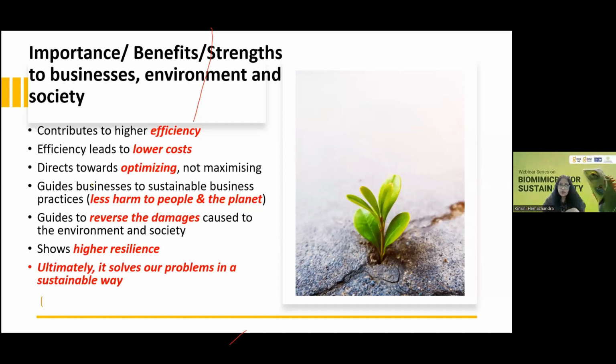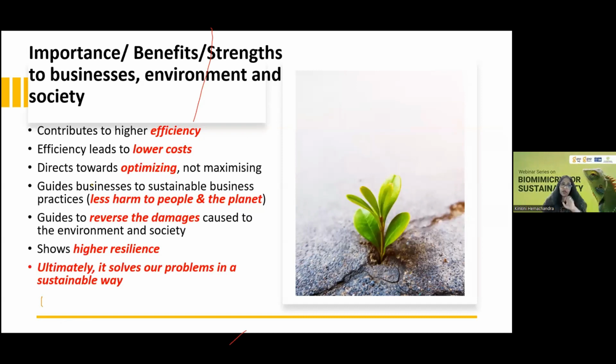Not only to the business world, how can biomimicry bring benefits to the environment and society? You can see the concept of biomimicry is always trying to optimize, not to maximize, and it is also trying to convert your business into a sustainable business, which is less harm to the people and less harm to the planet.